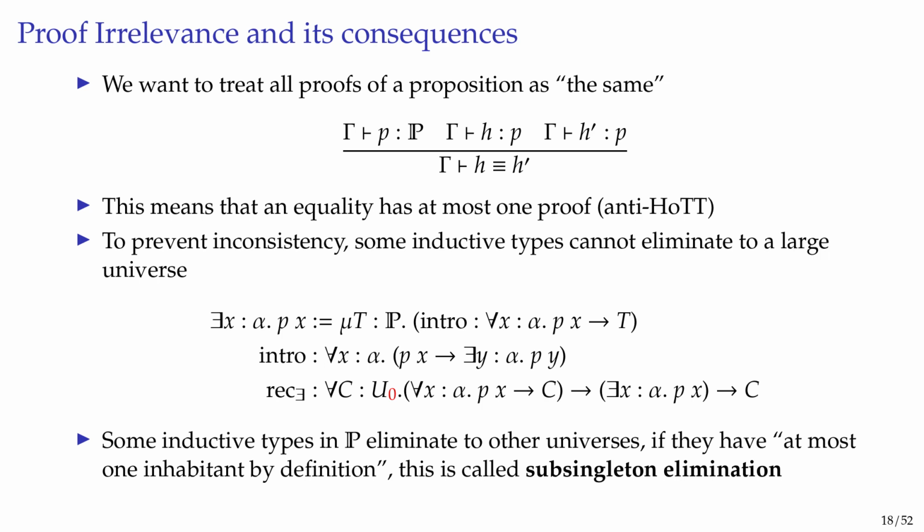So this one, you really need that quotient, but there are others like equality where there's only one refl. There's only one way to construct the inhabitant, and that's the motivation for saying that it's not inconsistent to recurse into the higher universes as well. But for this one, if you could recurse into higher universes, it would be inconsistent. Another way you could think of it is that this is a syntactic criterion that we know how to prove doesn't introduce inconsistency.